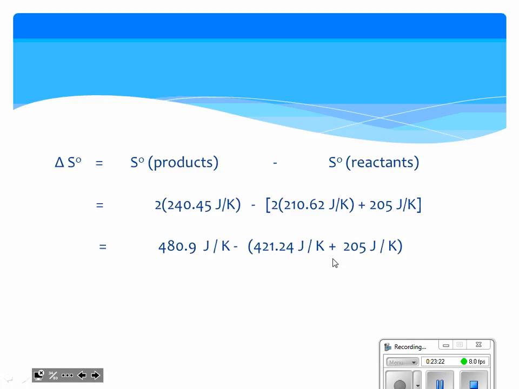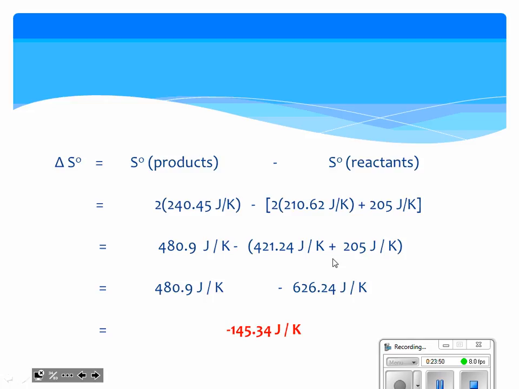So when I go ahead and do my math, I'm going to have 480.9, and I'm going to subtract from that 626.24, and I'm going to come up with a value of negative 145.34 joules per Kelvin.